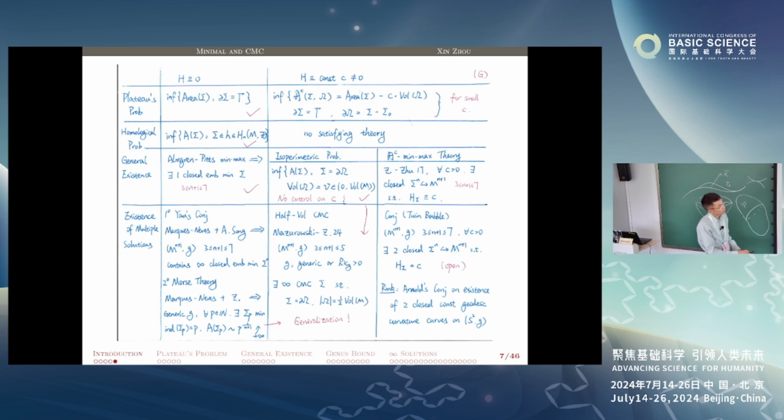And if you want to find CMC with prescribed mean curvature, you can apply my work with Jonathan. So that's about this. I'm going to talk a bit about that in the next part. So I'm going to then talk about what we know about topology.